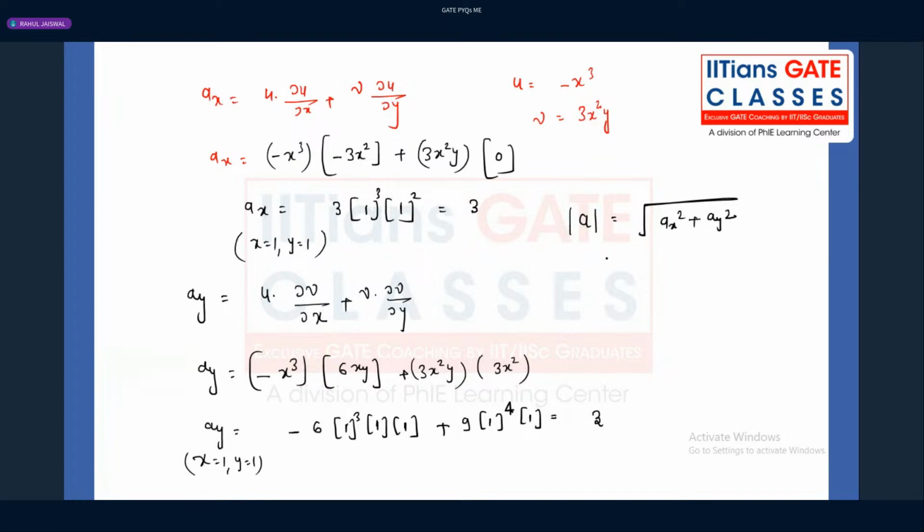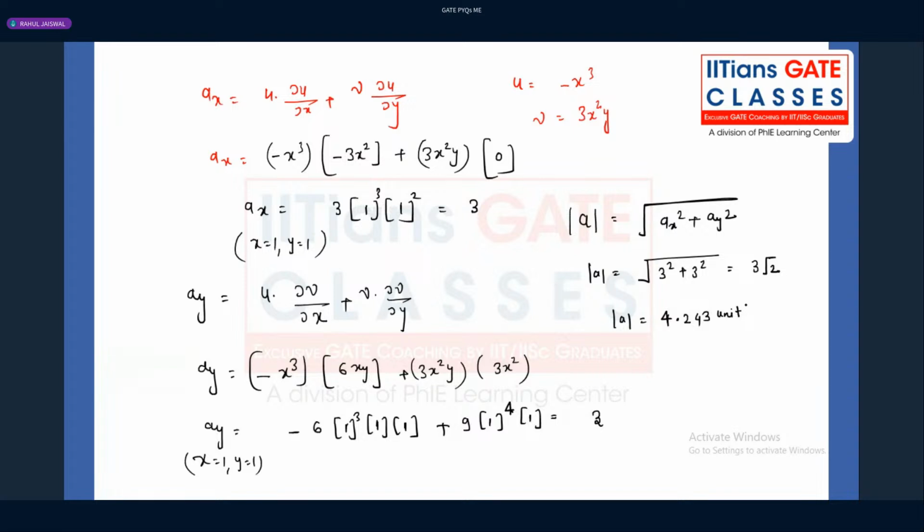Here, if you try to substitute the values, 3 square plus 3 square, it's 3 root 2. If you put the values, what you can get, guys? 4.243.